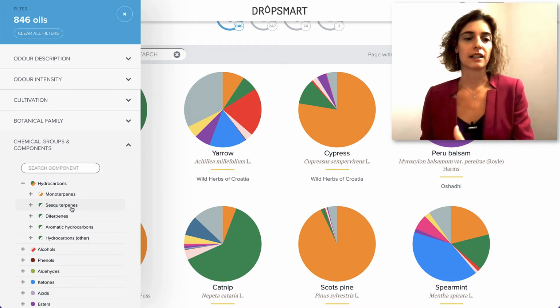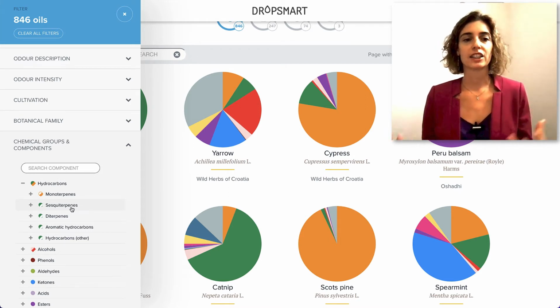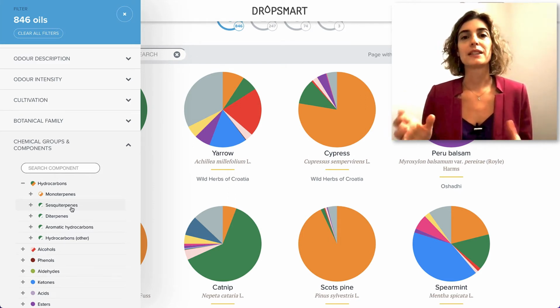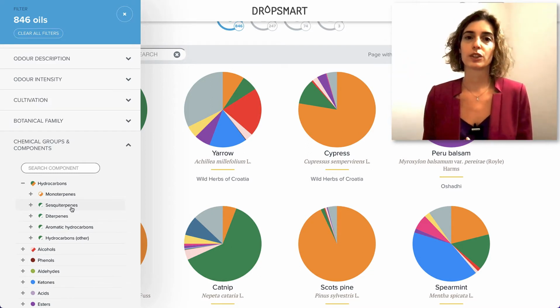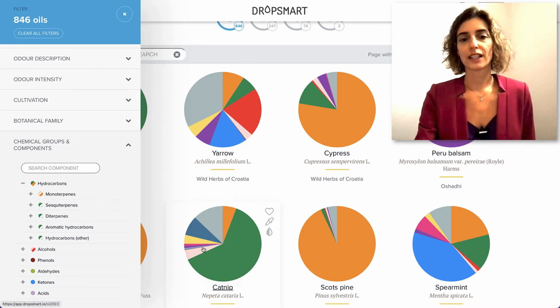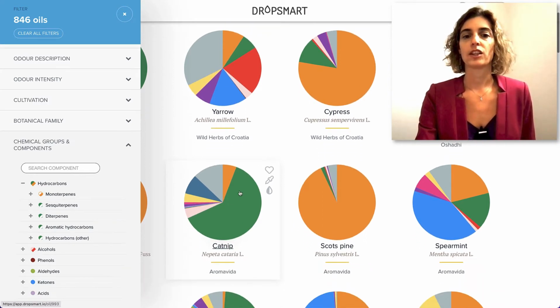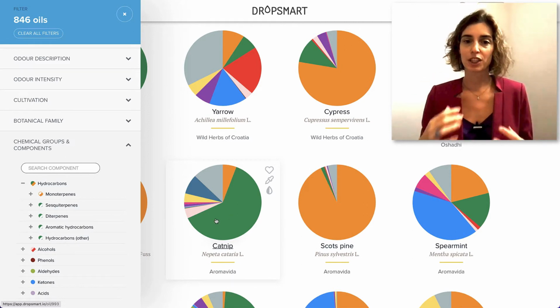When you see sesquiterpene, alcohol, aldehyde, ketone, hydrocarbon, it means it has 15 carbons, so it's this heavier molecule. So these are usually lower notes. So when you look at this oil here, for example, you can right away see that more than 60% of it has sesquiterpenes.